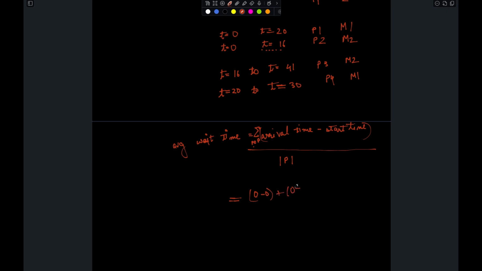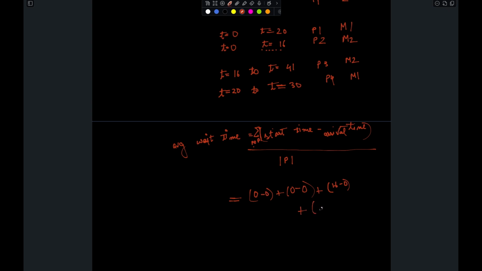Now for process P1, the arrival time was 0 milliseconds and the start time is also 0 milliseconds. So 0 minus 0. As for P2, the arrival time and start time are again 0 and 0. Now if we move on to P3, you better take the absolute value, so it would rather be start time minus arrival time.